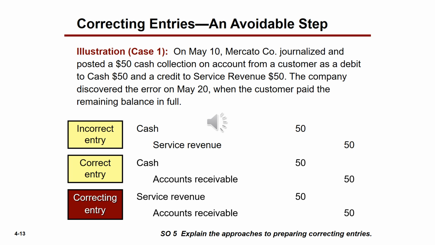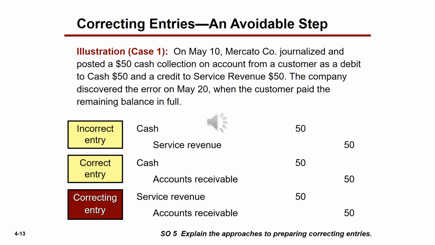The entry that the accountant made was debit cash $50 and credit service revenue $50, where the entry he was supposed to record was to debit cash $50 and credit accounts receivable $50.